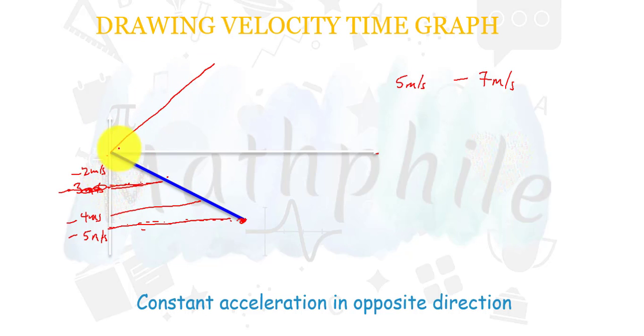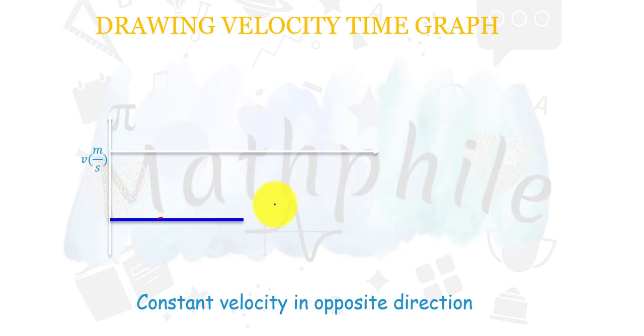As you move along the line, the values on the y-axis keep increasing, which tells you it's moving faster. But the negative is just telling you the direction. The negative just tells direction.